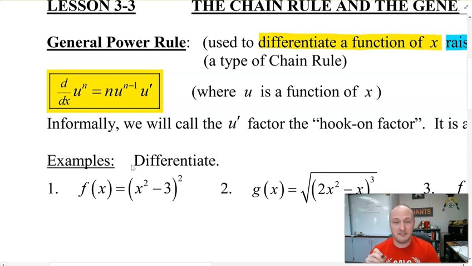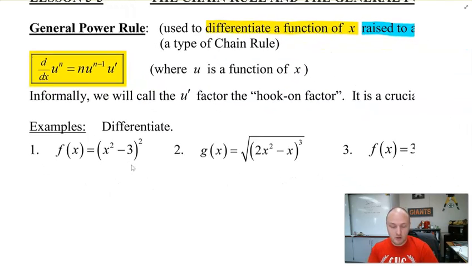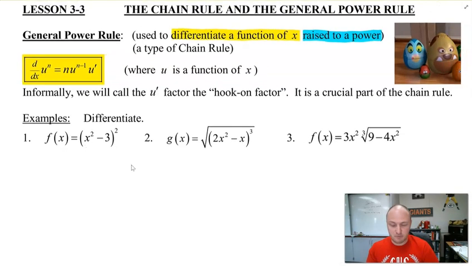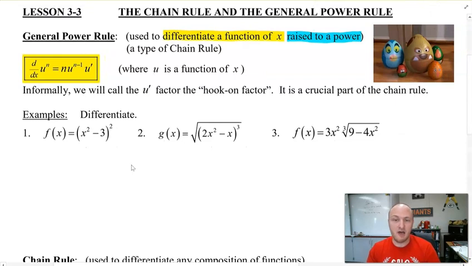But we also have to take the derivative of the inside, or our original function that is embedded there, and that would be u prime, where u is a function of x. Informally, we call u prime the hook-on factor. You'll often hear me refer to this as a hook, or the derivative of the inside, and that's very crucial for the chain rule.